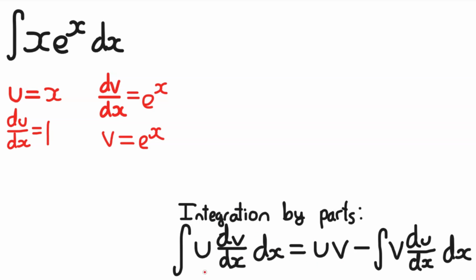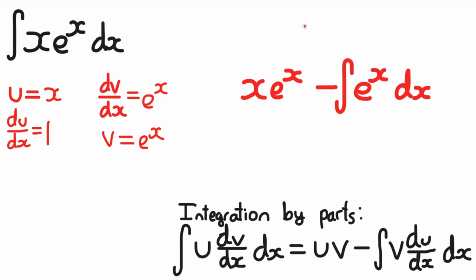This formula is equal to uv, so u is equal to x and v is equal to e to the power of x, so uv is going to be x e to the power of x, and then it's minus the integral of v du over dx. So v is this e to the power of x and du over dx is 1. So 1 multiplied by e to the power of x is just e to the power of x.